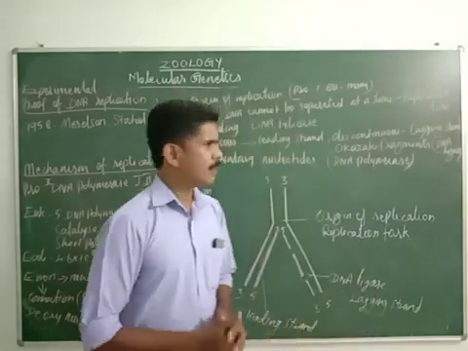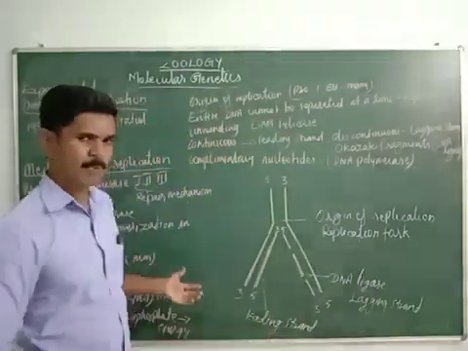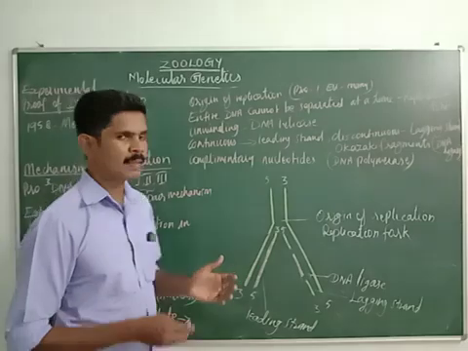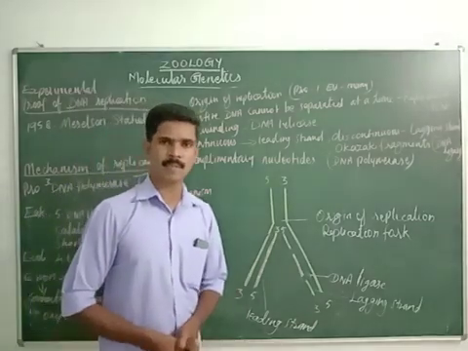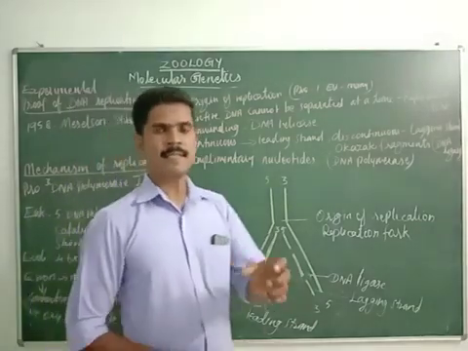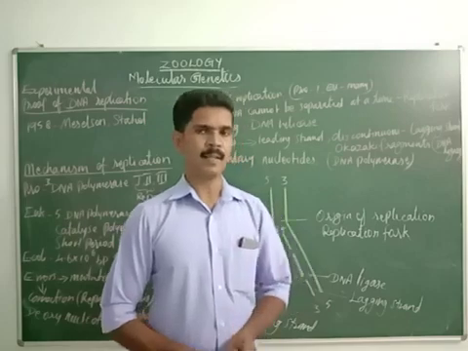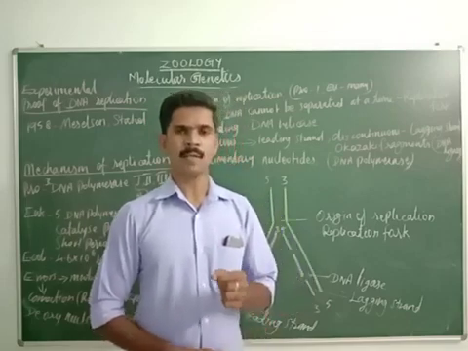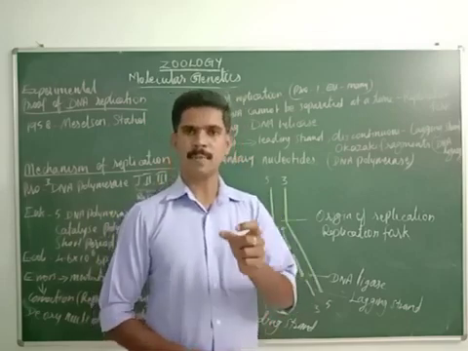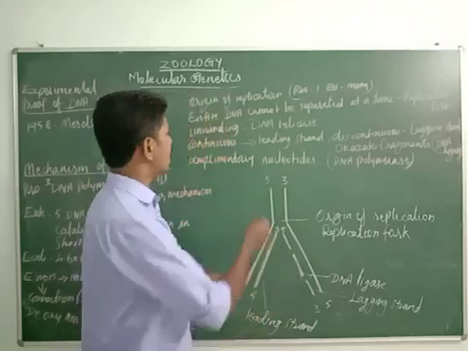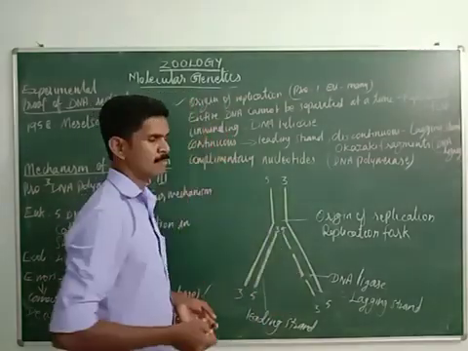Then the next point about the replication mechanism is that the replication process takes place in a particular site in a DNA molecule. The name of that site is called the origin of replication.